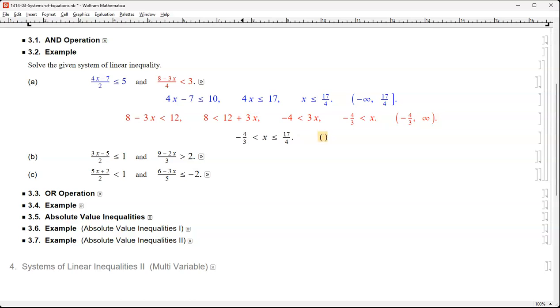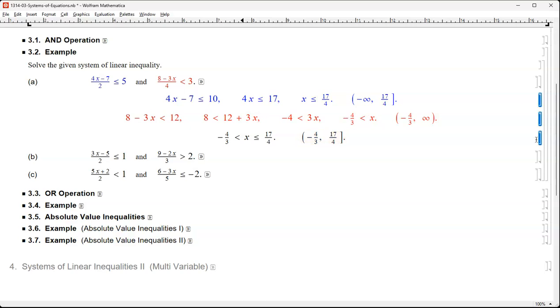Another way to write the same thing is -4/3 to 17/4, but the second is a bracket because the right-hand side is a semi-inequality. So you can do this kind of thing.